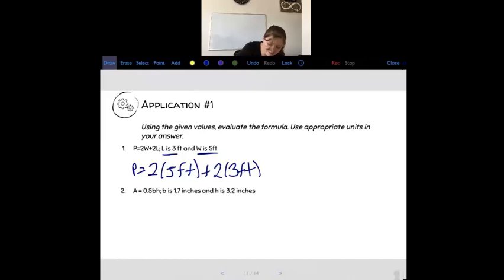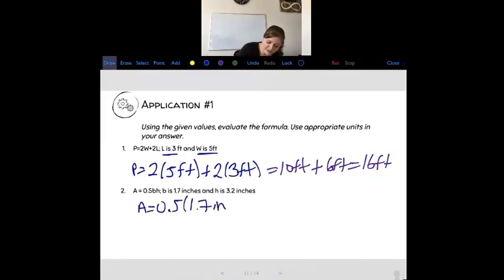Okay, and then we simplify. 10 feet plus 6 feet gives us 16 feet total. For the second problem, A is 0.5 b times h, or 1/2 base times height, which is the area of a triangle. And again, we plug in the values given. So A is equal to 0.5, B is 1.7 inches, H is 3.2 inches.